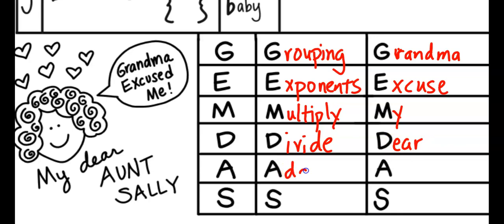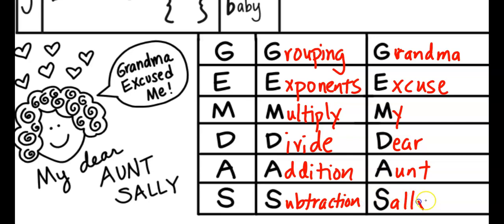A is for addition, aunt. Okay, for the mnemonic to help you remember. And then S, of course, is last. That's going to be our subtraction. And this is where we have Sally. And so we have this order here that we follow in the order of operations. And then the mnemonic that we can help to remember is grandma excused my dear Aunt Sally.